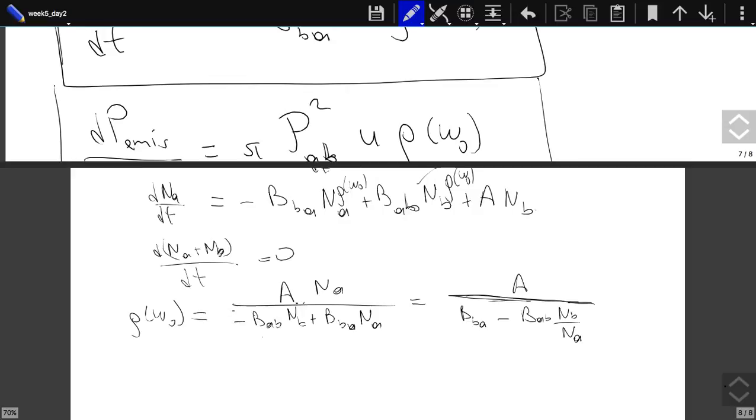Now, did you take thermodynamics? Okay, so you're chemical. So you have already probably seen the Boltzmann factor. It tells me that N_A is proportional to e to the power minus beta E_A, and N_B is proportional to e to the power minus beta E_B.